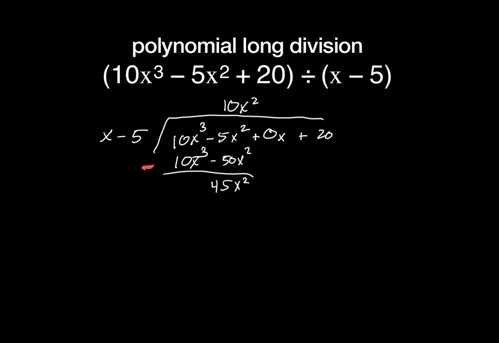Then I say, all right, bring this one down, and that will be plus 0x. I have x. I need it to be 45x squared. So up here on top, it'll be plus 45x.